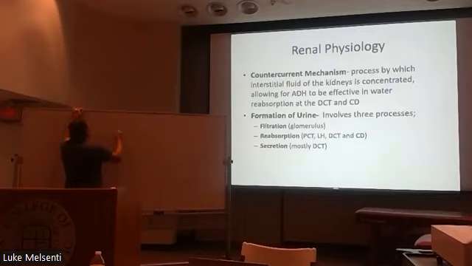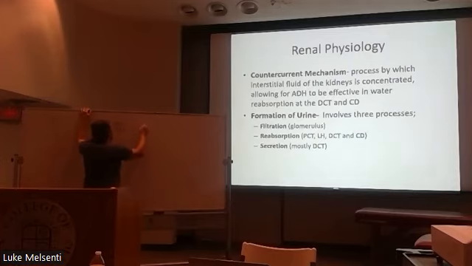You have your efferent arteriole, here's your glomerulus. The ascending loop is the thick segment, thicker.